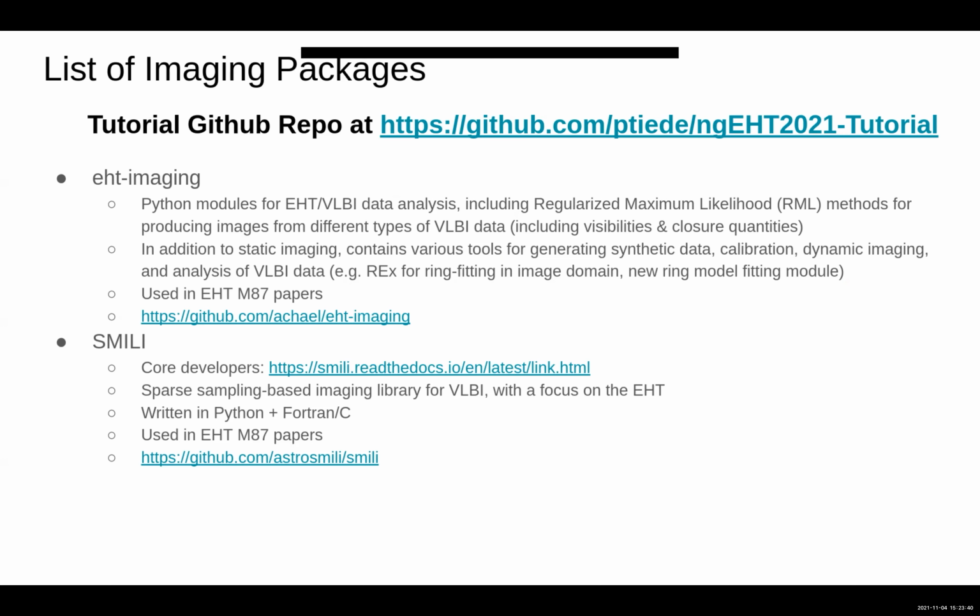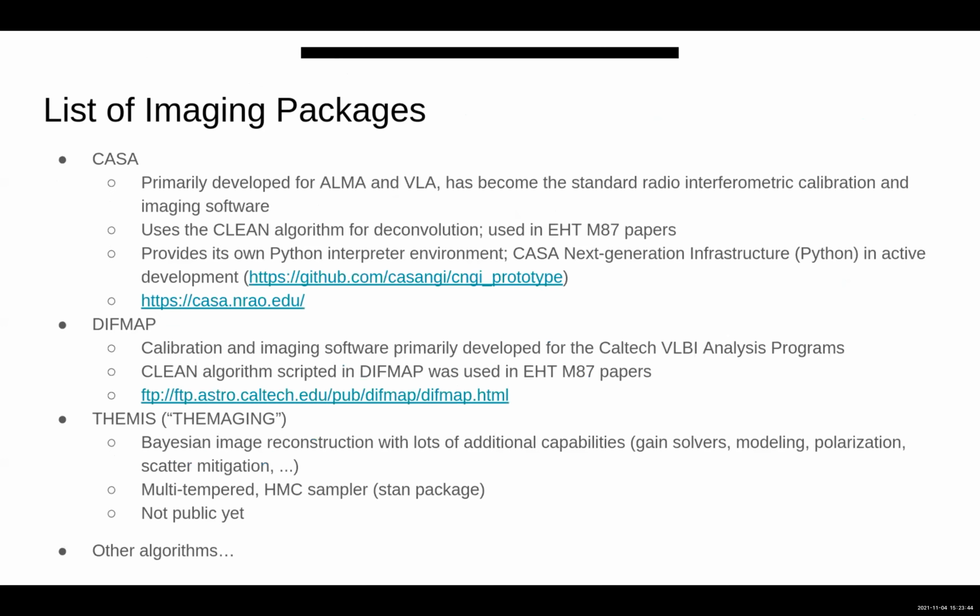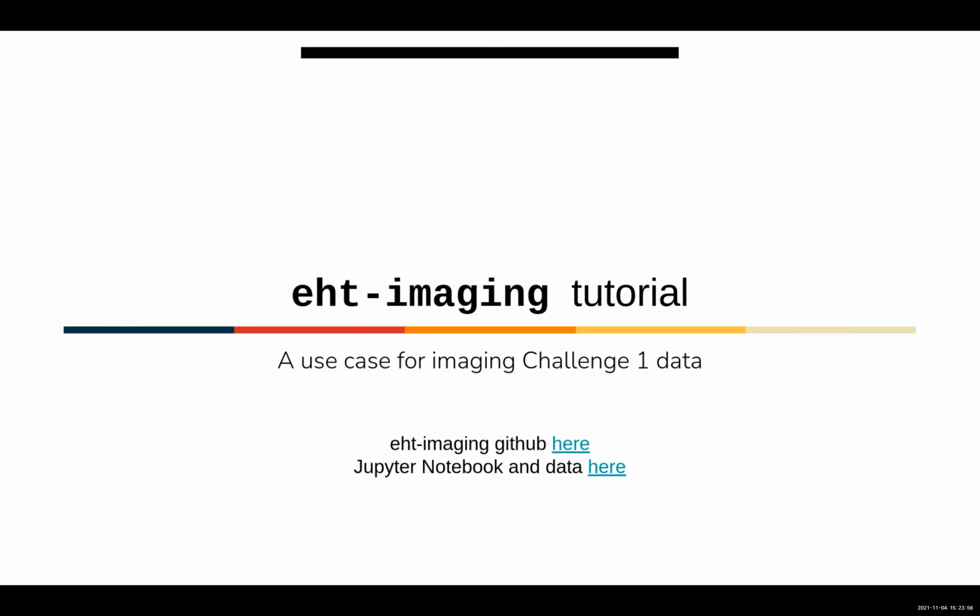I've used ngEHT imaging myself. I find it very useful and very easy to use, so I'm looking forward to that part of the tutorial. But there are other imaging packages as well: CASA, DivMap, more recently Themaging as well. I'll try to capture that a little bit later, and other algorithms as well. So I'll hand it over to Antonio here to do the ngEHT imaging.